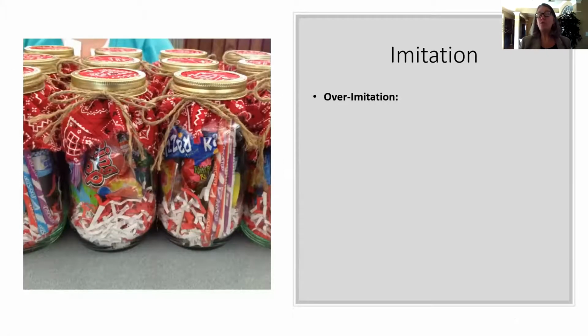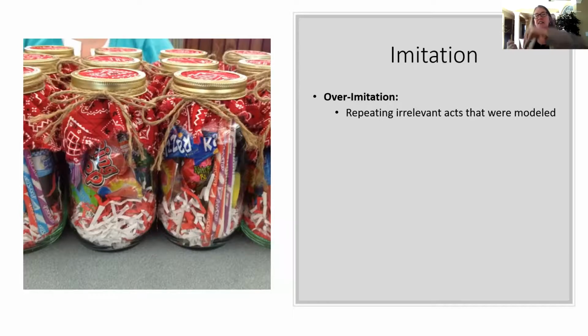We call that over imitation. And your book will give an example where they did a study with children where I think there were dinosaurs in a jar. And a model showed the students how to get the dinosaur out of the jar, but performed some steps to do that were irrelevant, that you didn't need to do.